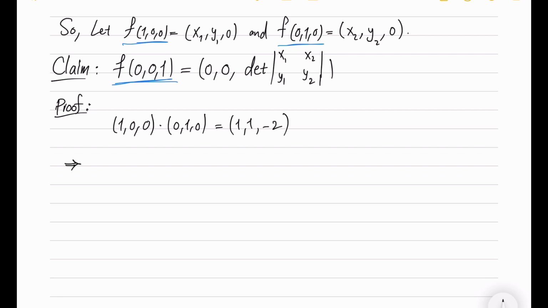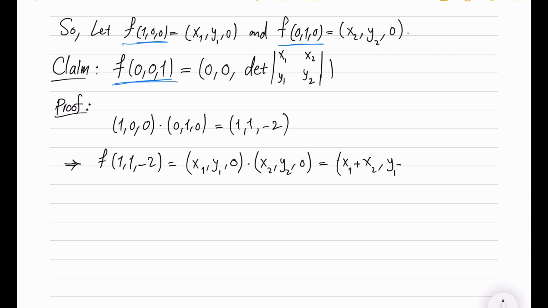From this, we see that f of (1, 1, minus 2) will be the multiplication of f of these two, so that will be (x1, y1, 0) dot (x2, y2, 0), so the first two add, giving (x1 plus x2, y1 plus y2), and then here you will have minus 2 times (x1 y2 minus x2 y1).